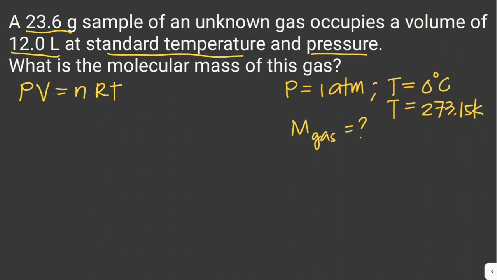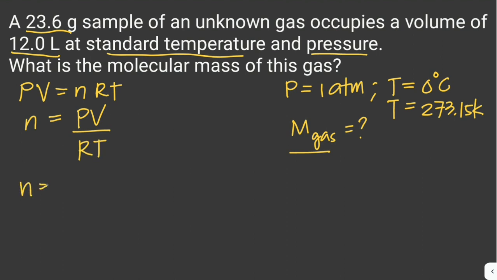So we need to find the molar mass of the gas in grams per mole. All we have to do is find the number of moles first, so we can solve for our molecular mass. To solve for the number of moles, n is equal to PV over RT.